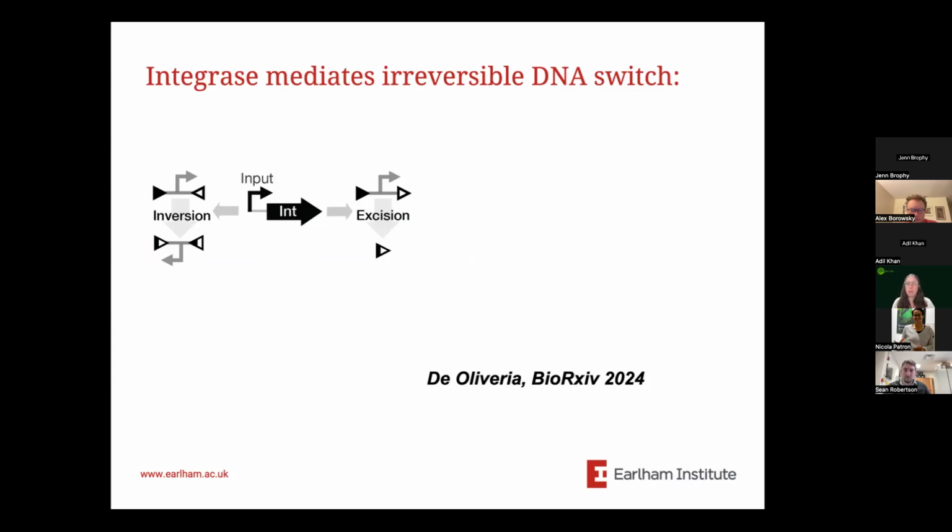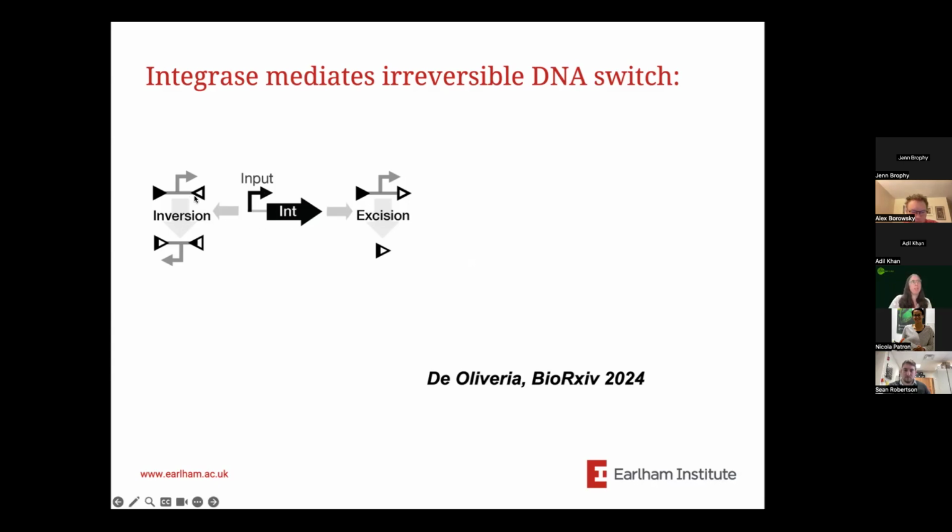That is very nice for allowing an irreversible switch, for example for cell lineage tracing, and for allowing a switch in a specific tissue. But it's not very nice for responding to quick changes of environmental signals, because when you switch, it is forever, basically, in most of the systems that have been developed. You can reverse the switch, but it's quite more complicated. So it has this advantage, but also this drawback.